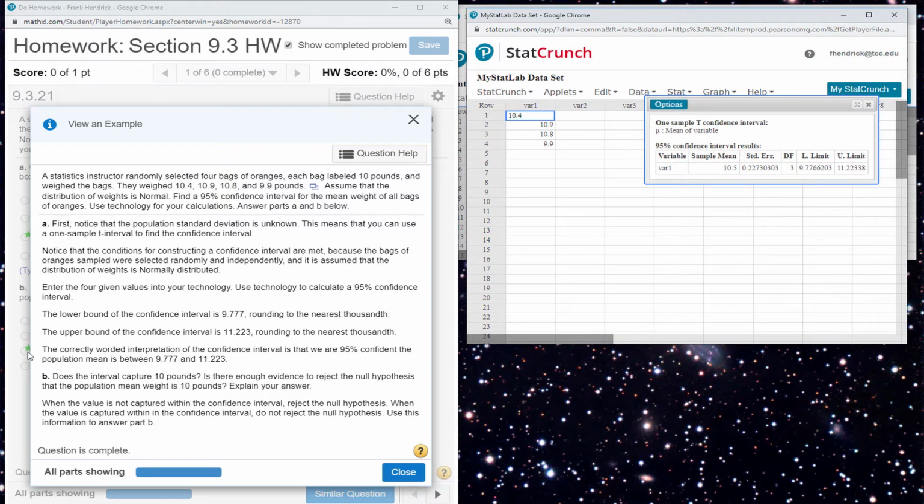So the lower limit is 9.77 and upper limit is 11.22. Does it capture 10 pounds? In this case here, it does capture. It does.